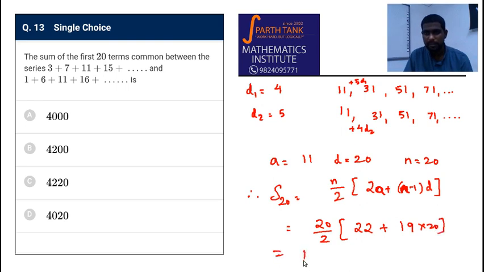So this becomes 10 into 22 plus 380, 402, 402 into 10 is 4020, option D.